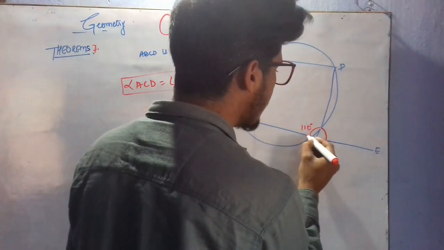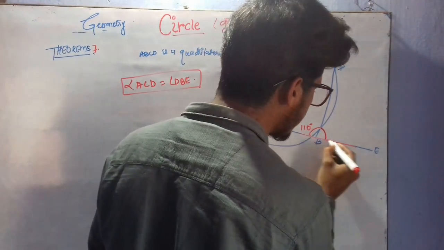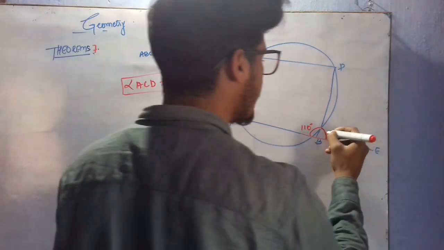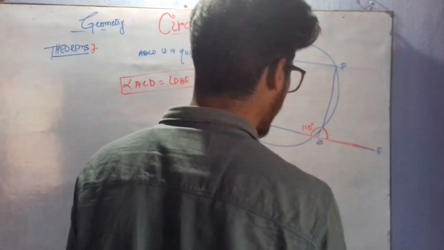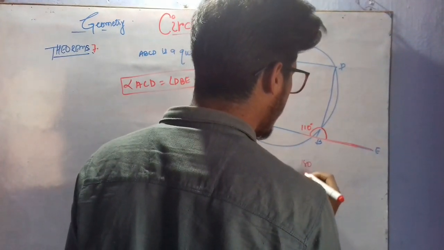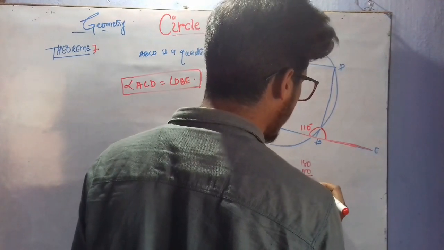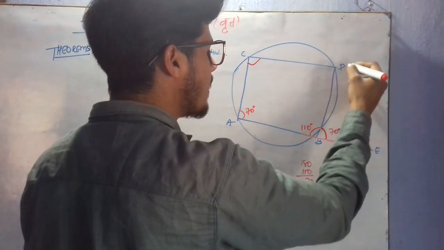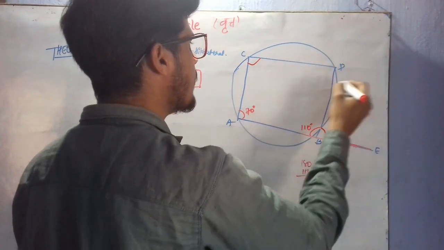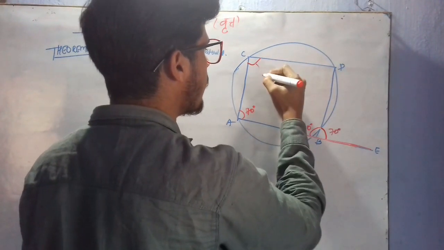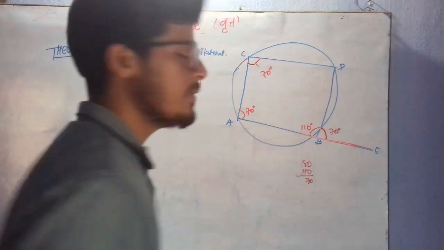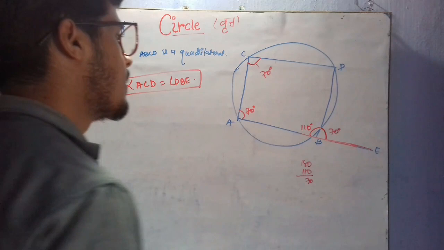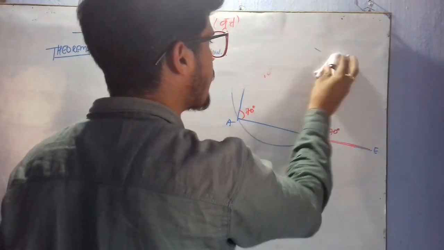We know that this is a straight line, and a straight line has 180 degree. So 180 degree minus 110, we will get 70 degree. Then this will be 70 degree. If angle DBE is 70 degree, then angle ACD will also have the equal value, that will be 70 degree. So in this way, we can easily calculate the values of such types of questions.